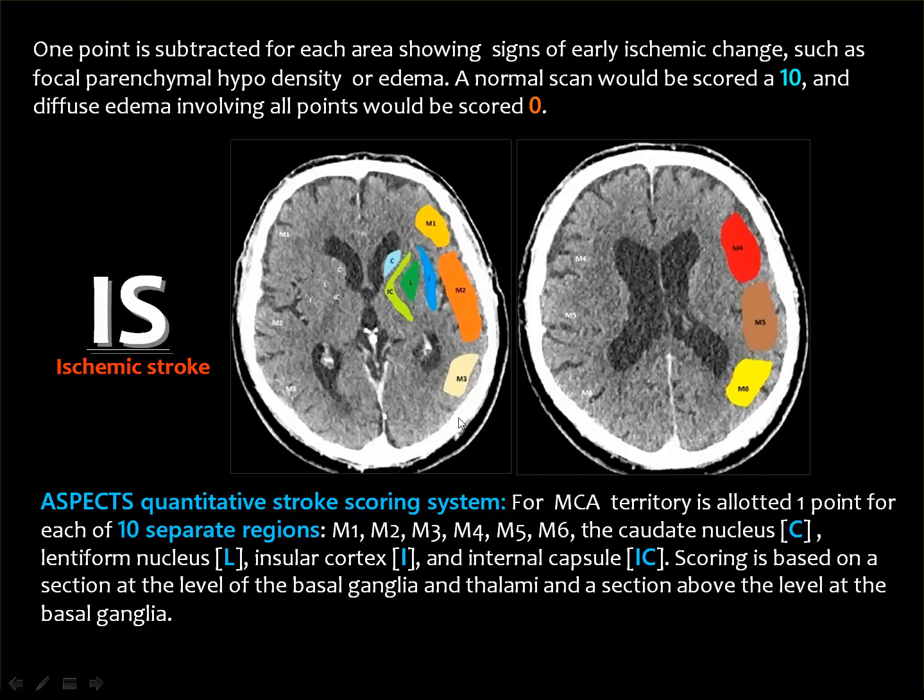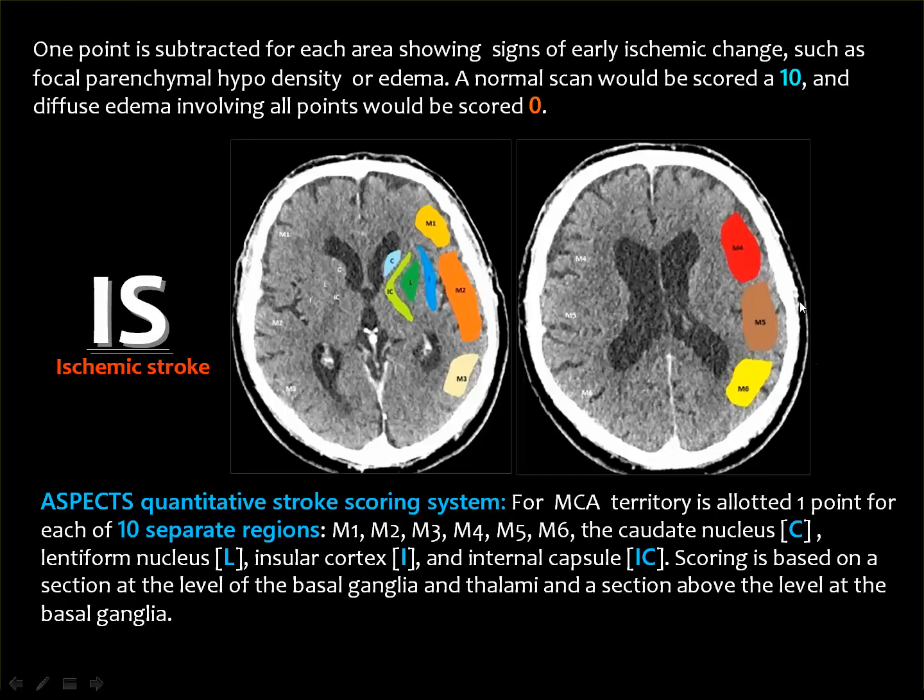The ASPECTS score gives a number, or a unit, for each part of the brain. And you remember this level is the level of the basal ganglia, where you can see the third ventricle. On the surface of the brain, you have 3 zones.